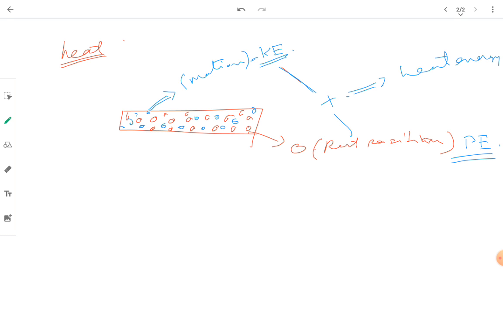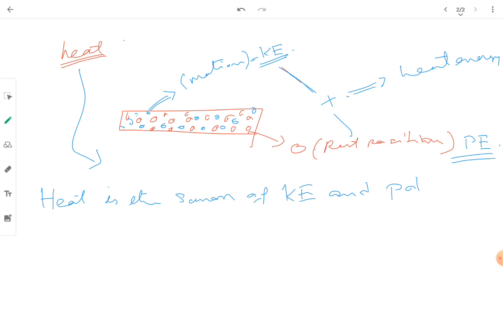Therefore we can define heat as: heat is the sum of kinetic energy and potential energy of the molecules present in the body.